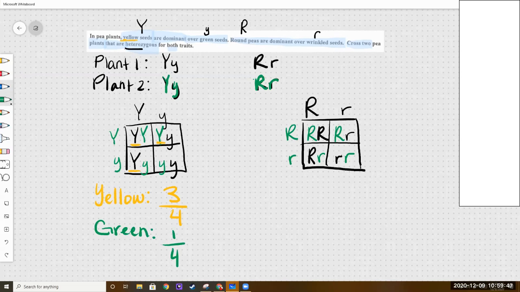And now for, let's make round gray. So for round, how many would I have round? Albert, can you tell me? Remember, round is the dominant.